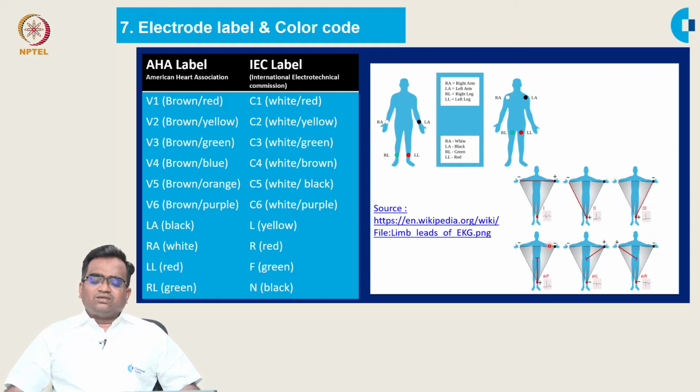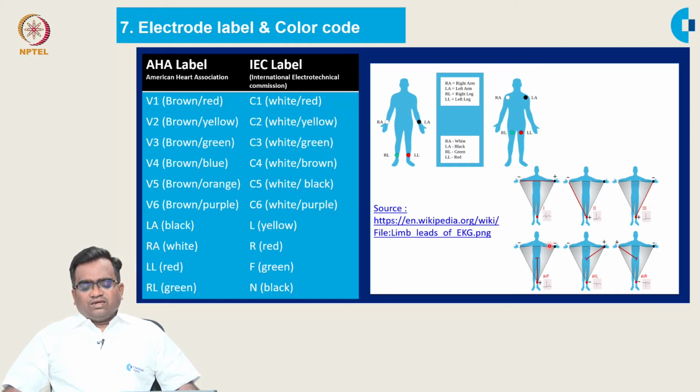Here chest leads are labeled V1 to V6, and limb leads as LA, RA, LL and RL. The color coding for chest leads is brown or red, yellow, green, blue, orange and purple accordingly. For limb leads the color coding is black, white, red, green.